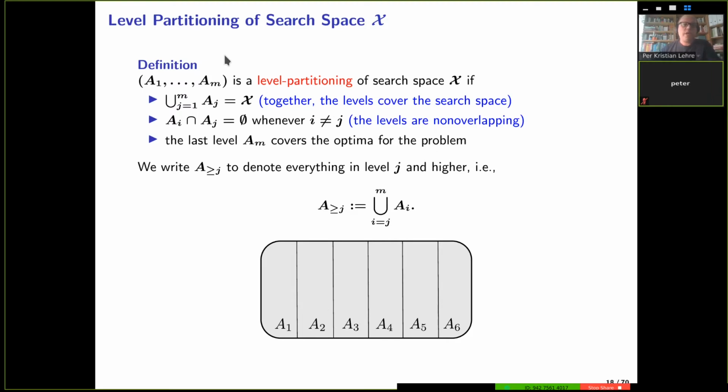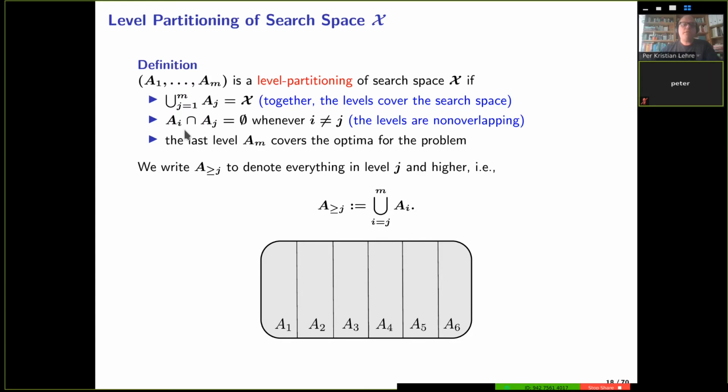We first have what is called a level partitioning of the search space. So given the search space X, we need to come up with some way of partitioning this search space into different levels. And this partitioning, or these subsets, must satisfy the following properties. If I take the union of all the levels, we get the entire search space.